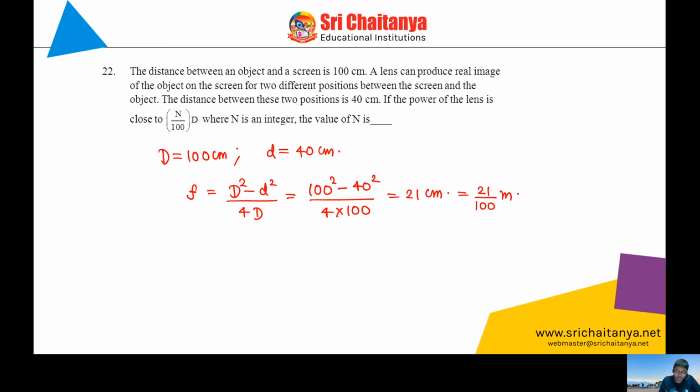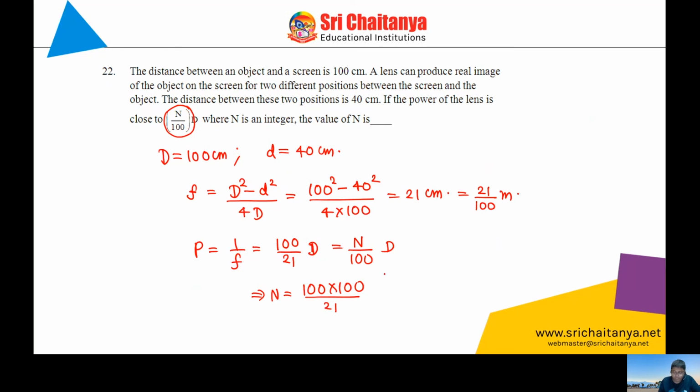So the power in diopter is nothing but the reciprocal of the focal length. The reciprocal of the focal length will be simply 100 by 21 meter inverse, and meter inverse is the same as diopter. So this would be the power, and the power they have given is n by 100 diopter. So we have to find the value of n by equating, that is 100 into 100 upon 21.